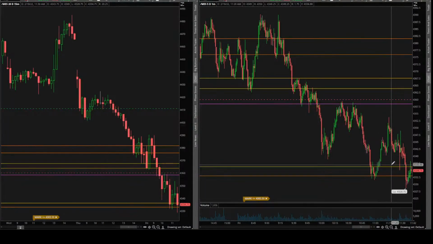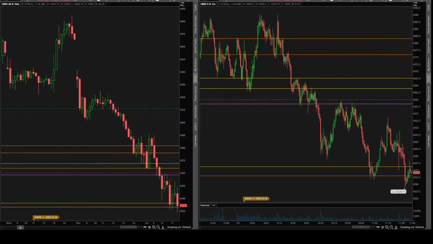See if we can get back up into the spike area here. NASDAQ still looking very weak. Emini still looking weak. 5-minute, not looking good.